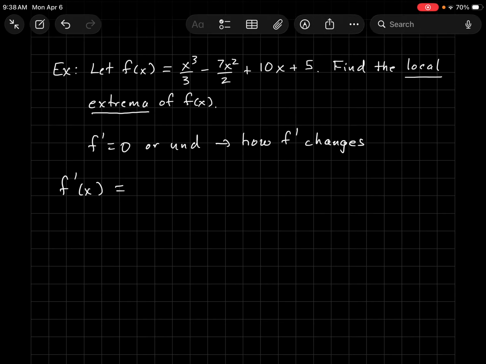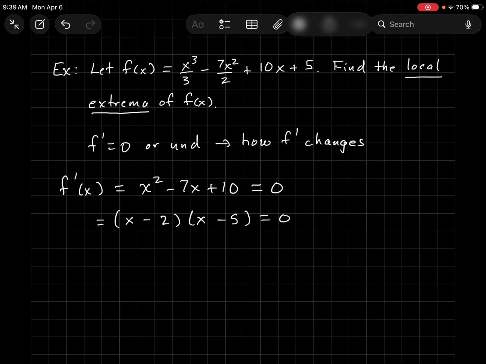F prime of x equals x squared minus 7x plus 10. I have a polynomial which is always defined, so we will find when f prime is 0 only. This looks like it's factorable, which it is, so that's a good step to do. So we have f prime of x equals x minus 2 times x minus 5.